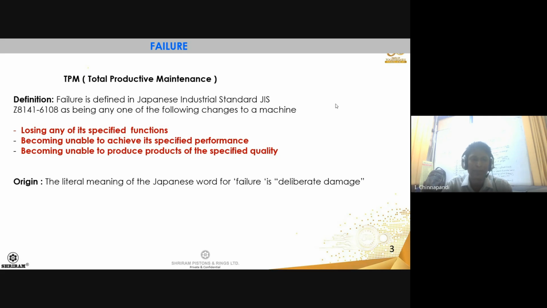If we fail to do it, it can lead to a breakdown. Or if the person doing the service or repair does not perform his duty fully, or misses something, that also can lead to a failure. That is the meaning of deliberate damage: equipment won't fail by itself. As humans, we fail to take some action, and it leads to equipment failure.